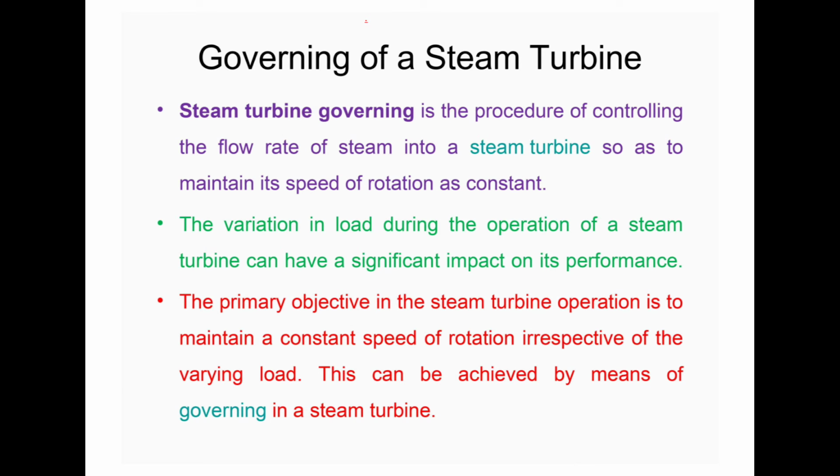The governing of a steam turbine is the procedure of controlling the flow rate of steam into a steam turbine so as to maintain its speed of rotation constant, which means we can control the rotating speed of the shaft by controlling the governing.